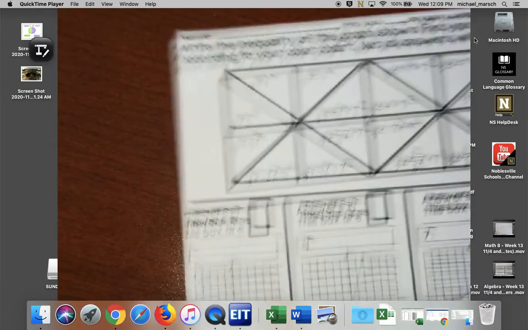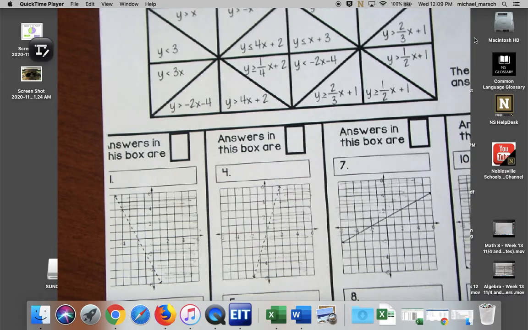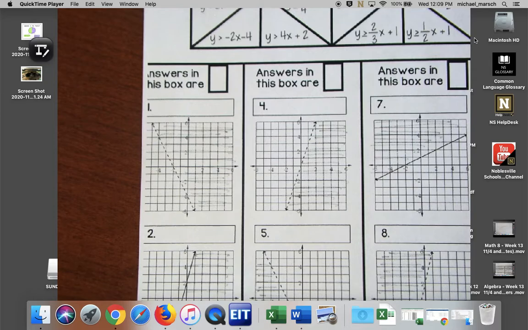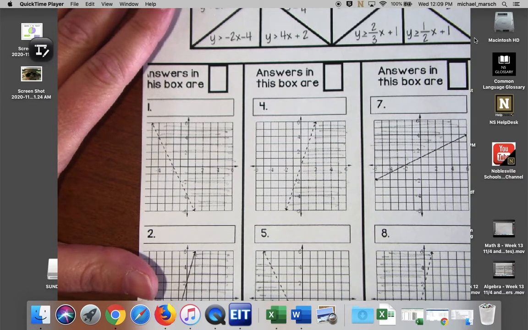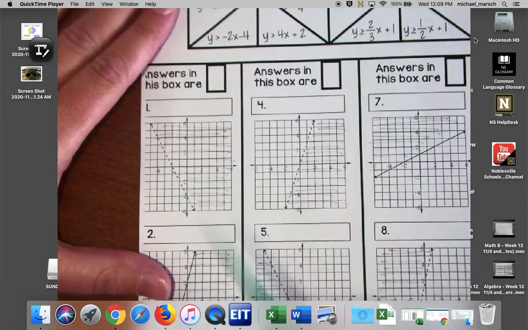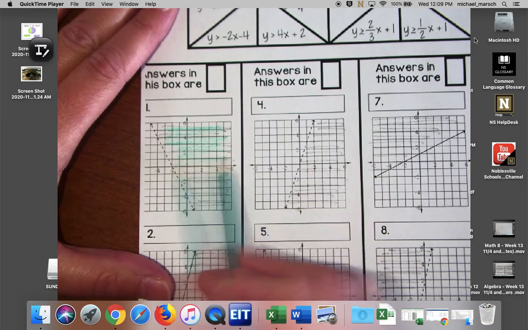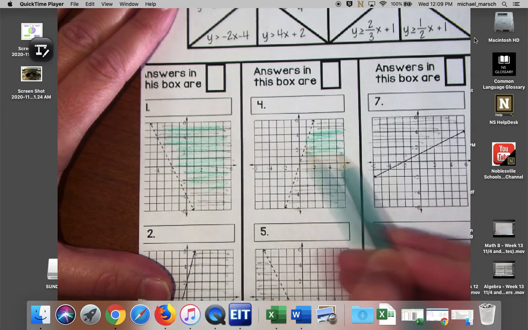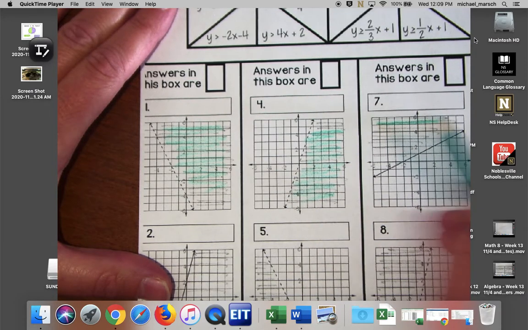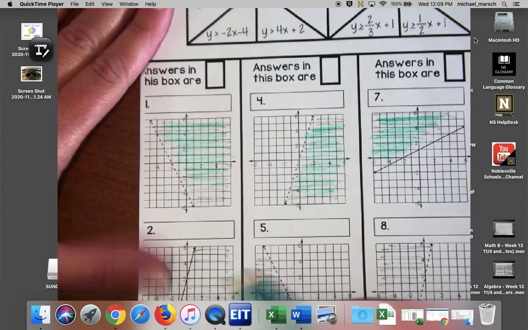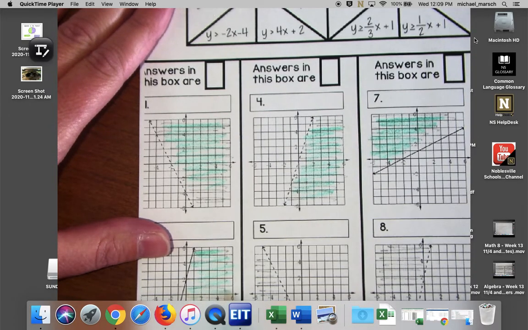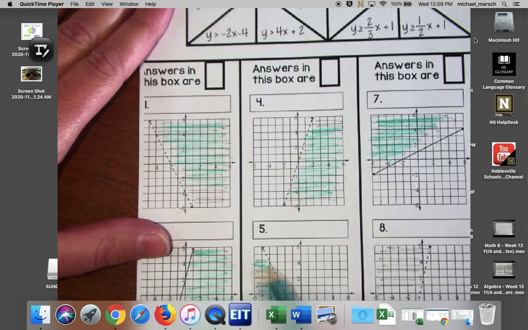I want to make sure you guys understand how this works. First of all, I tried to shade these, and as you can see, the copier was up to its tricks again. It was shaded, and then I went over it with a marker, and it still didn't come through. So really quick, let's just try to shade these on our own so that when you get home, you're not like, what? I don't remember what was shaded. Doesn't have to be perfect. We don't want to get any arm cramps.